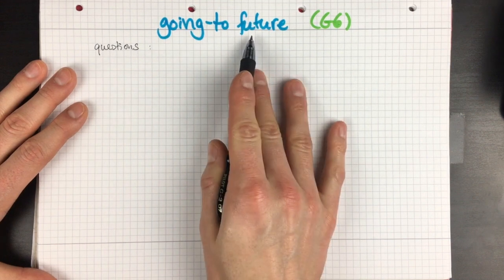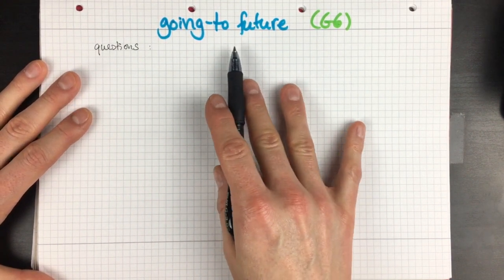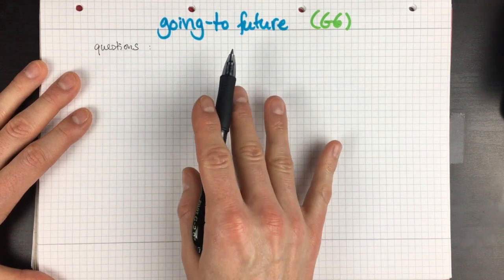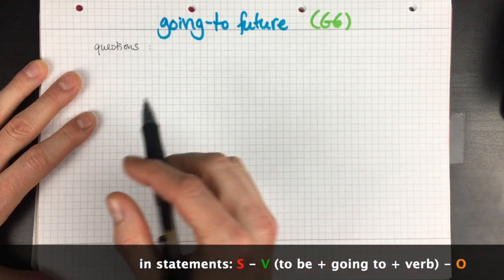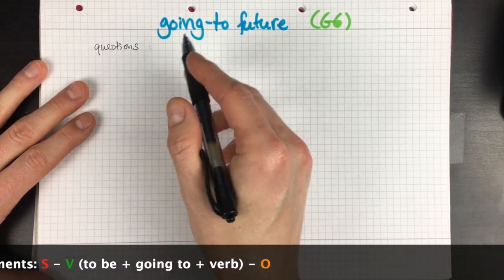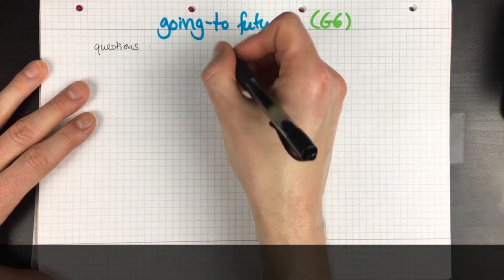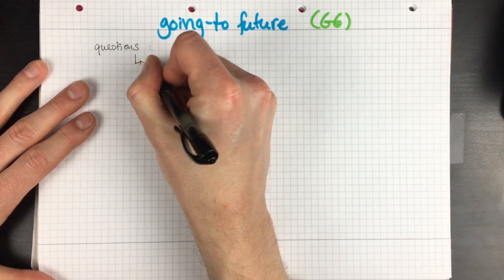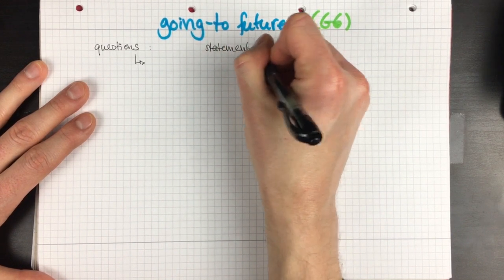But in the going to future, you only have to be, very simple, and you put it to the front. So before it was subject, then to be, going to, verb, and so on. Now you put it in front of the sentence. So for this, let me do a statement again, so you can see.